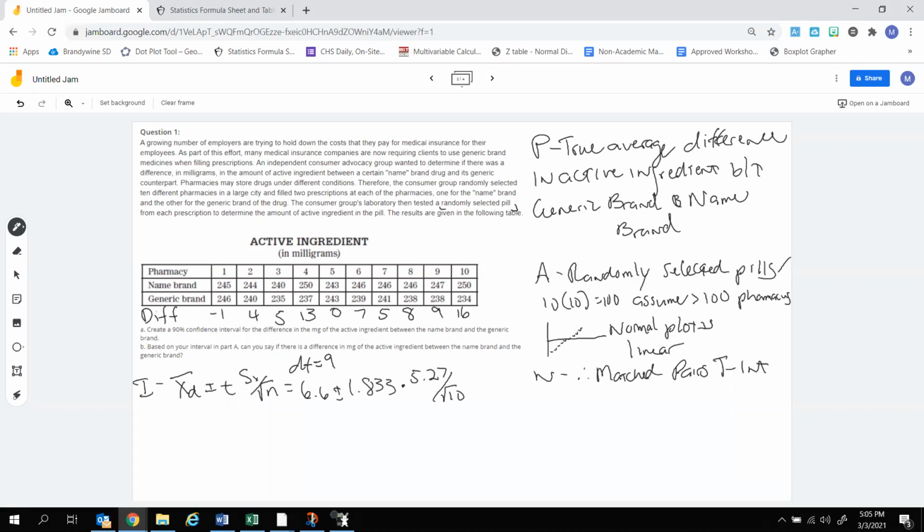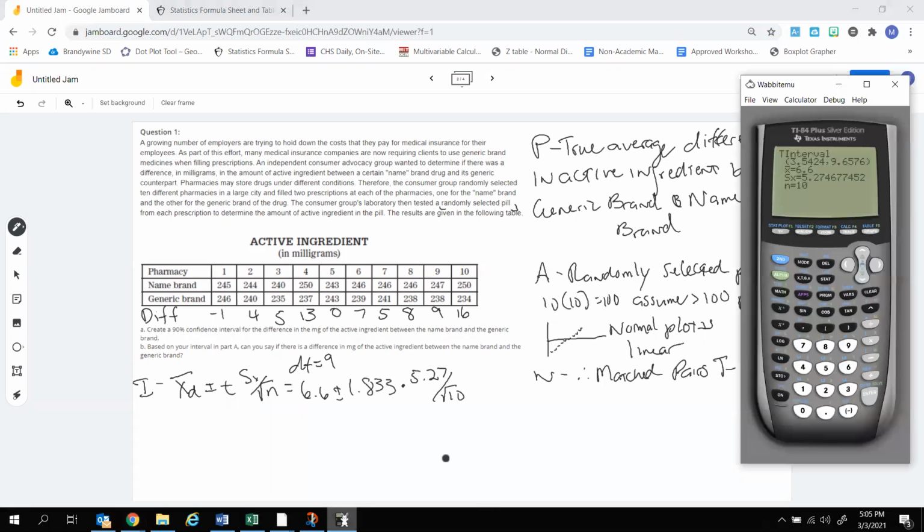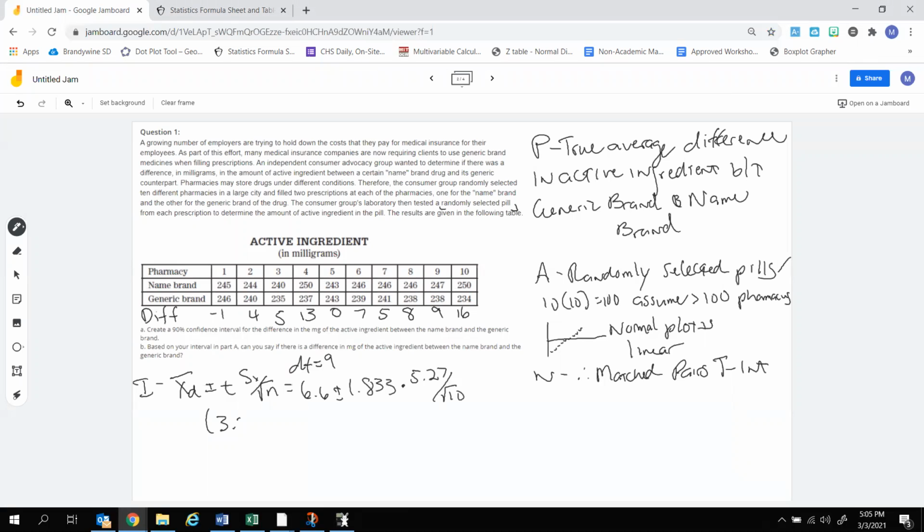So when I go ahead and look at this, 3.54 to 9.66. That's our interval. Then lastly, we just have to interpret it.